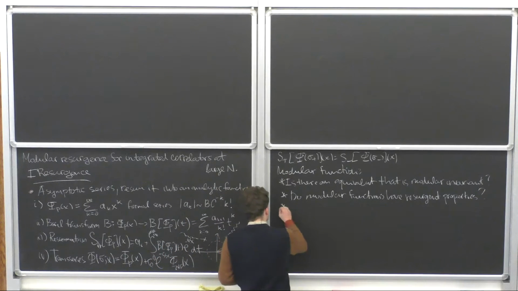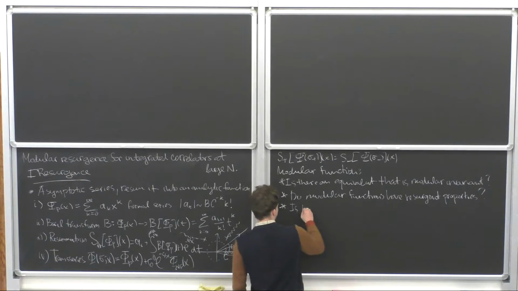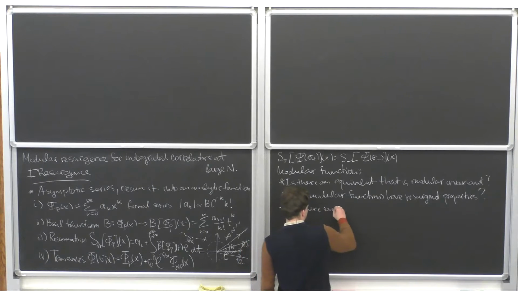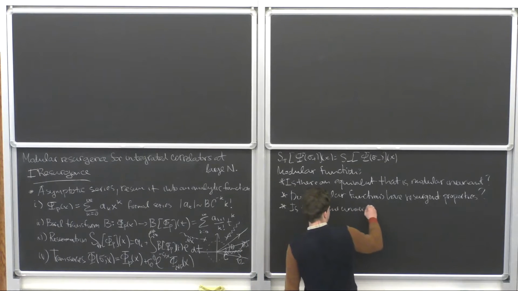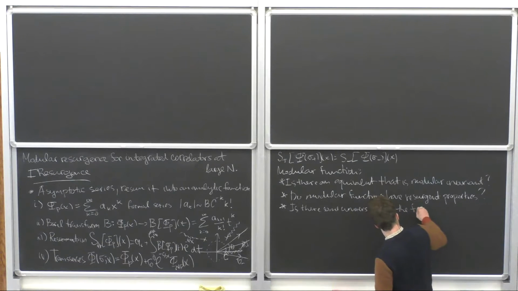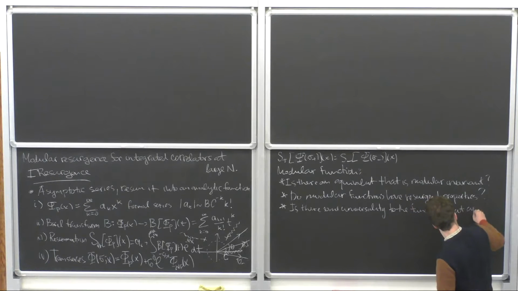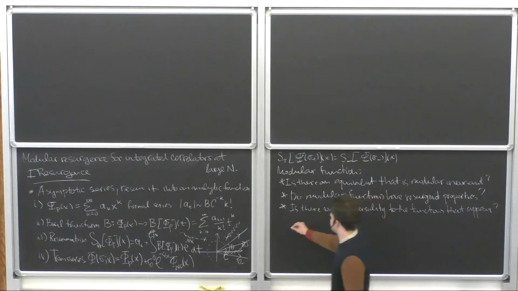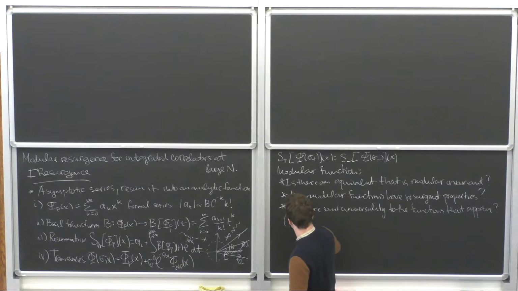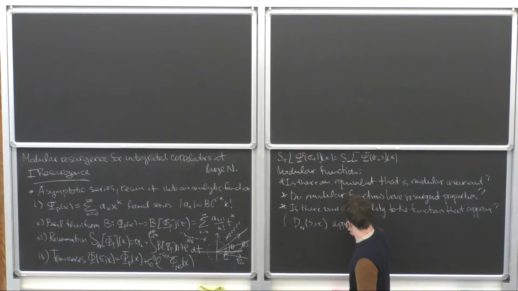And the third question that one may ask is, is there some universality to the functions that appear? By this I mean, there are multiple different physical contexts, and in each of these contexts, the same type of function, d_n of s and tau, which I will define later, appears.